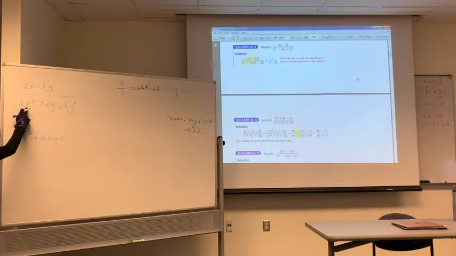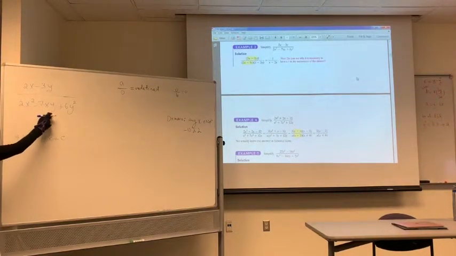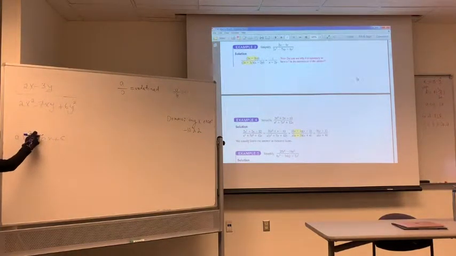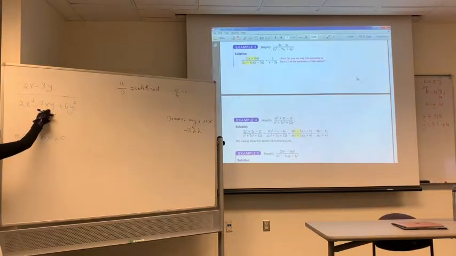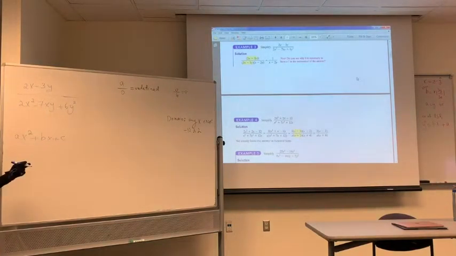We have ax squared, and then bx, where 7y is b, and then c will be 6y squared. Am I right? Okay. So I will write down a is 2, b is negative 7y, c is 6y squared.